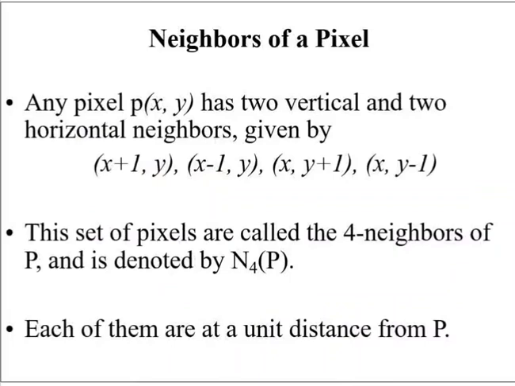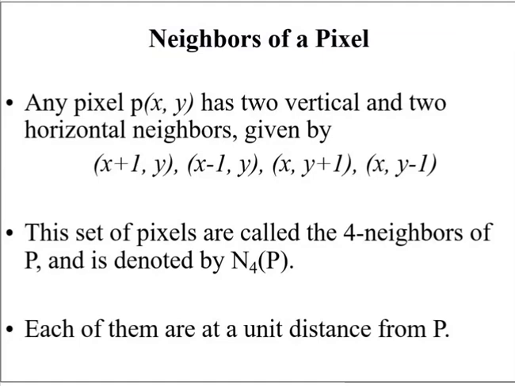This set is denoted by ND(P), meaning the four diagonal neighbors of the pixel. Each of them is at a Euclidean distance of 1.414 from P. The four diagonal neighbors together with the four neighbors are denoted by N8(P).